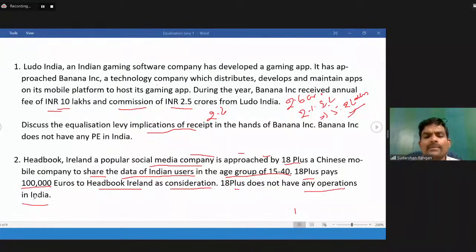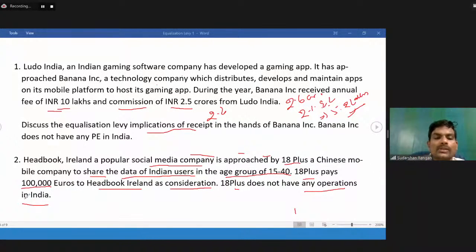So maybe 18 plus wants to launch its mobile. So they have approached Headbook Ireland to say, can you give me data of Indian users in the age group 15 to 40, how much time they spend, and so on. So you can buy this data.